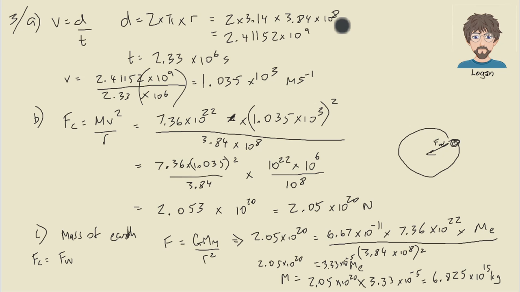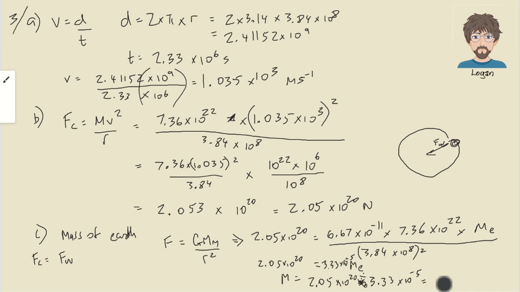You know what I did wrong? See this times? That should have been a divided by to start with. So let's get rid of that. How did I know I got it wrong? Well, because it actually gave you the mass of the Earth in the table on the previous page. So you could check there too.